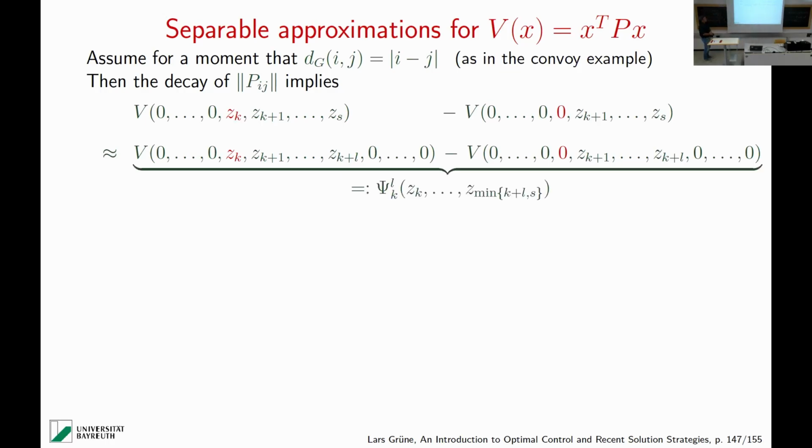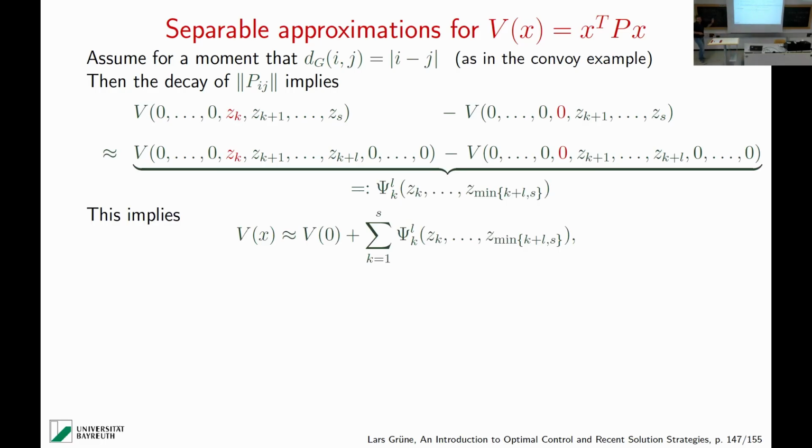And then we can define this as psi_k^L and write some kind of telescopic sum. From this you get that V(x) is approximately equal to V(0) plus these kinds of terms. Because if you write the sum and do the approximation, you get a telescopic sum where everything cancels out in the end, because here you always have one variable less.